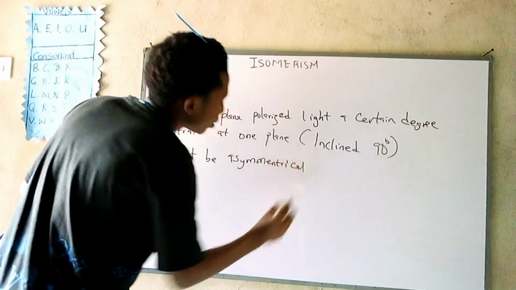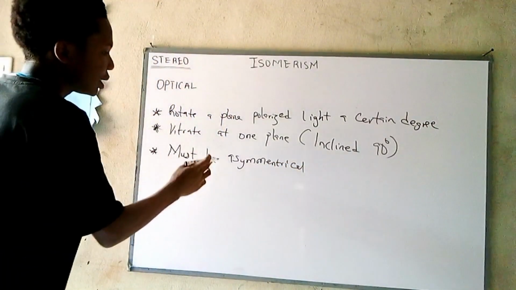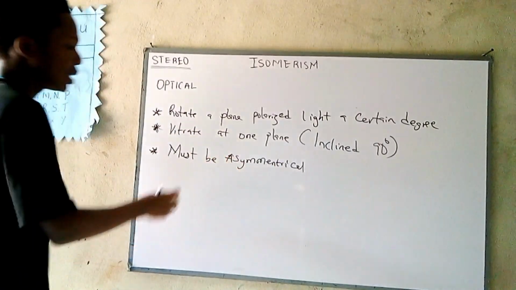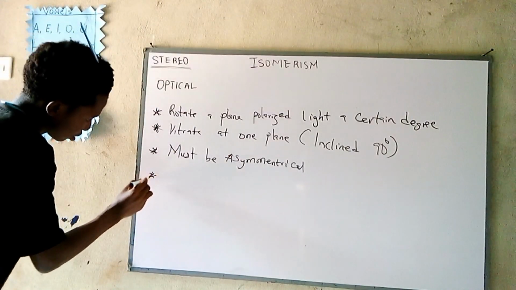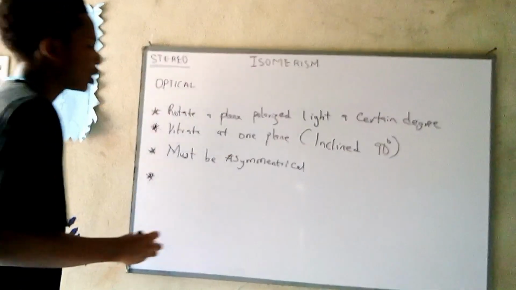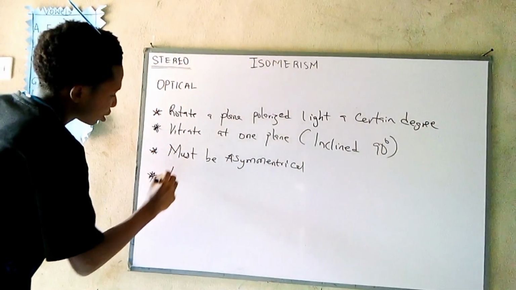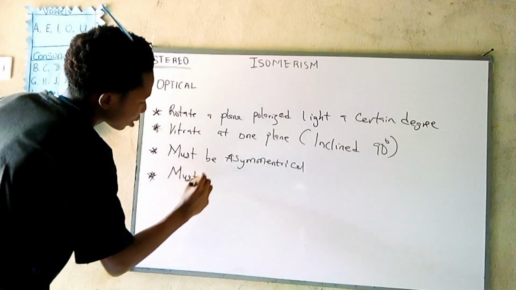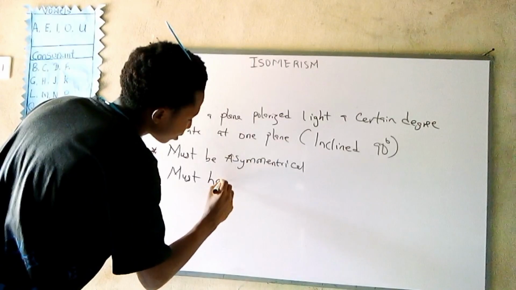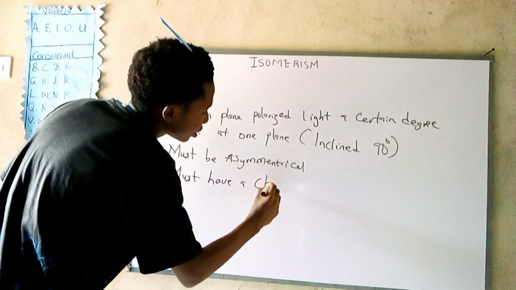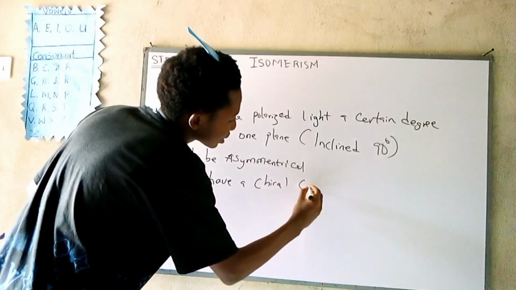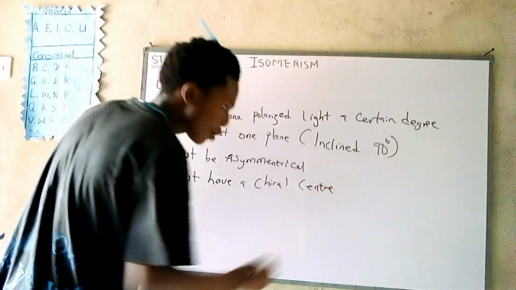This is the third one. Fourth, it must have a chiral center. Are we good?